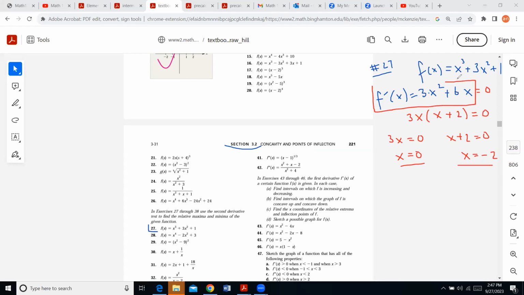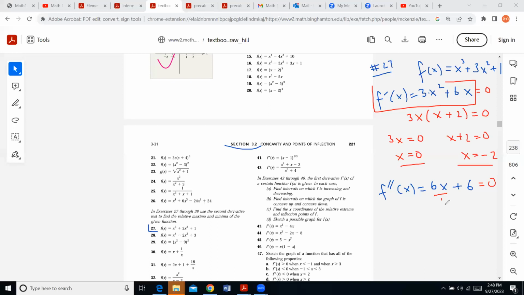Then I take that first derivative and differentiate again. So I find the second derivative, f double prime, and this will be 3 times 2, which is 6x, plus the derivative of 6x, which is just 6. And again, the same exact procedure. I set this equal to 0 and solve this equation.